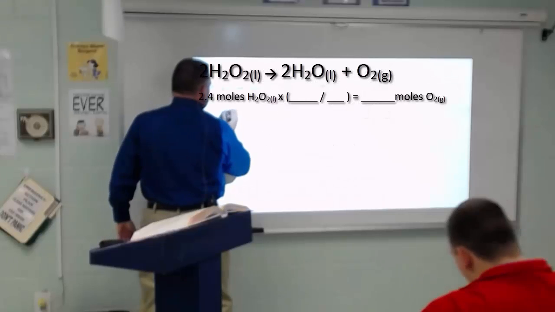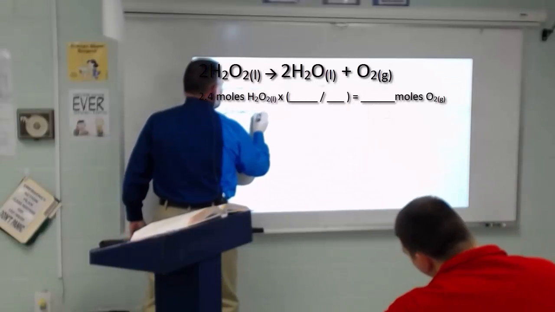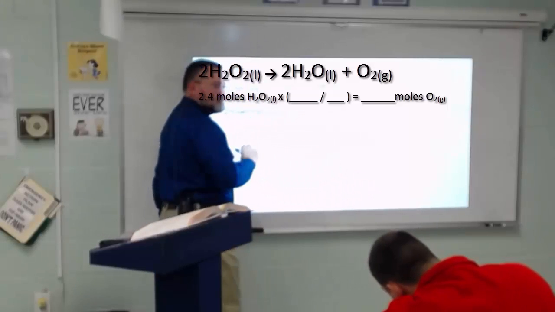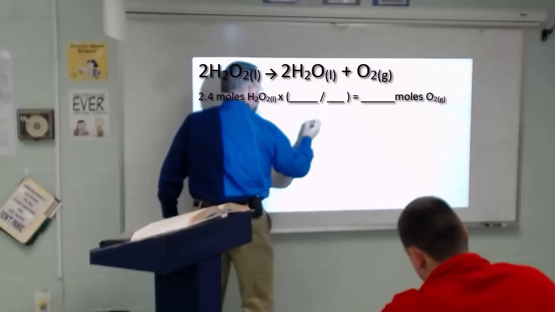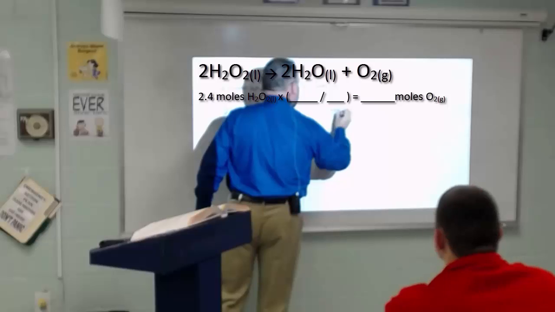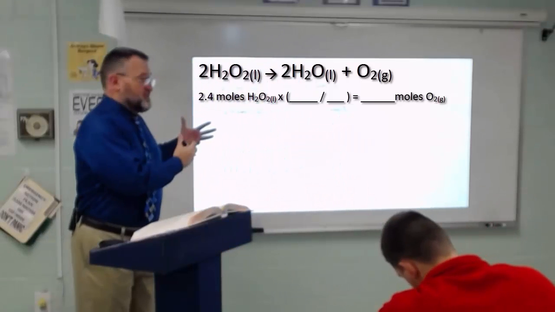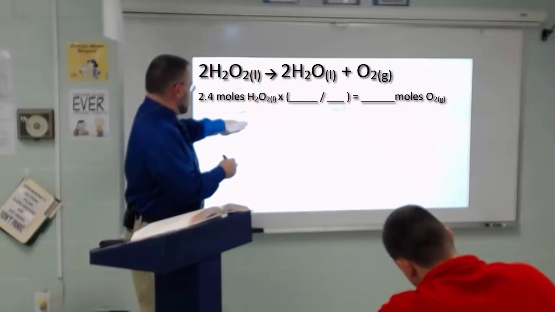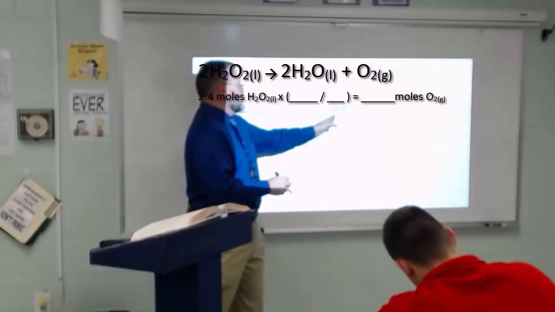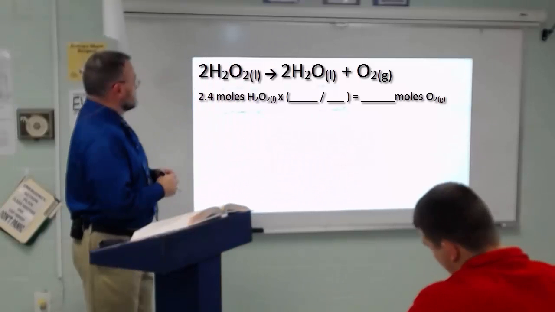If given 2.4 moles of H2O2 times some conversion produces a certain number of moles of O2. See my setup? You agree with my setup? Given this, times some math operation to produce some number of moles of O2. That's the question rewritten in mathematical form.